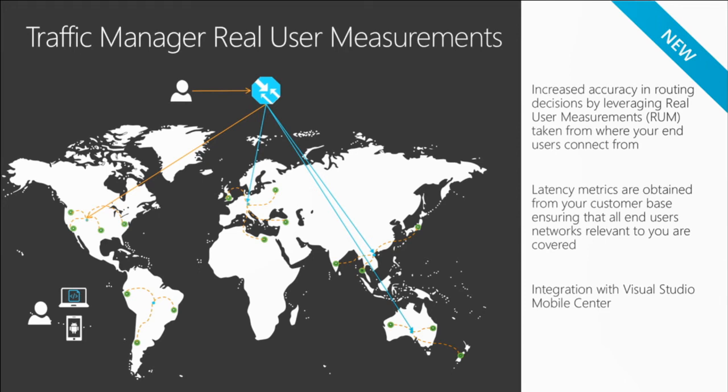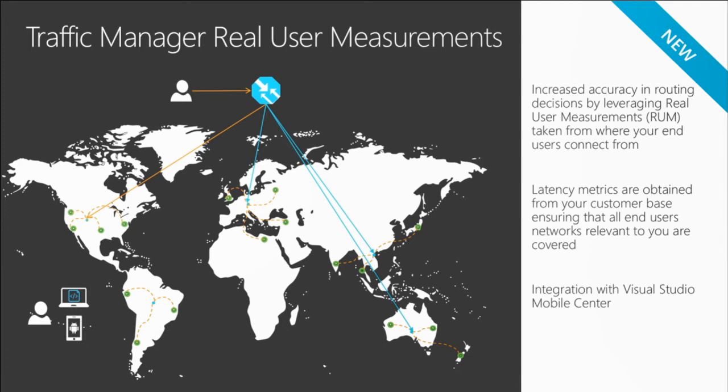What this does is that, remember I mentioned Microsoft is collecting network latency information from different user networks. This allows you as a customer to augment that information with the observations made from your customer base so that this routing is relevant and increases in accuracy for you.